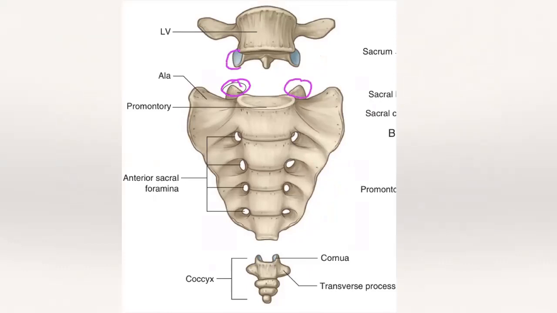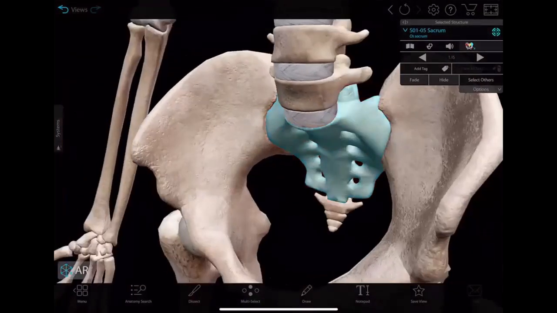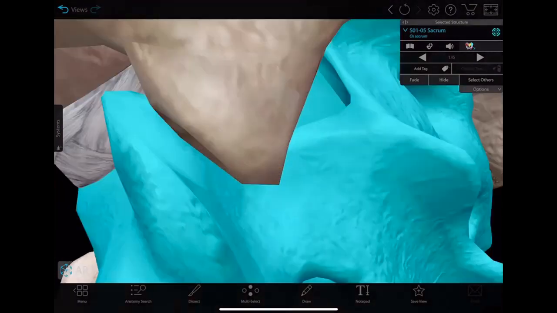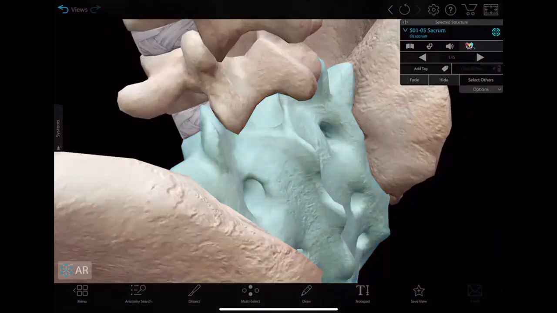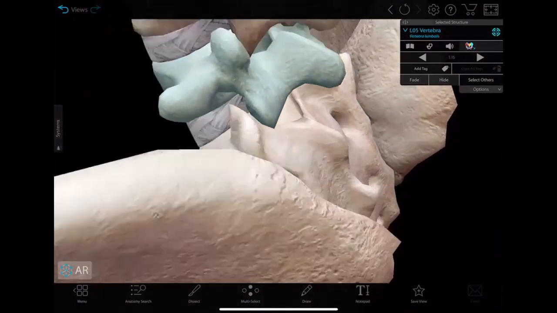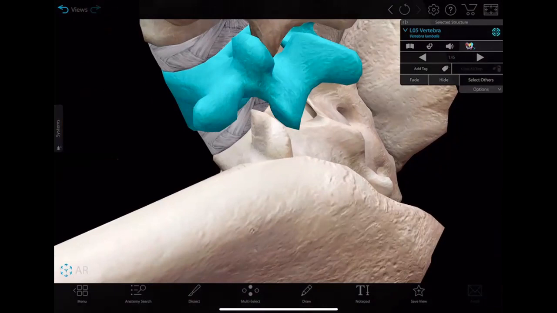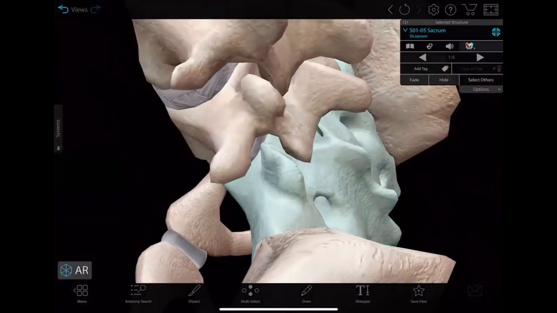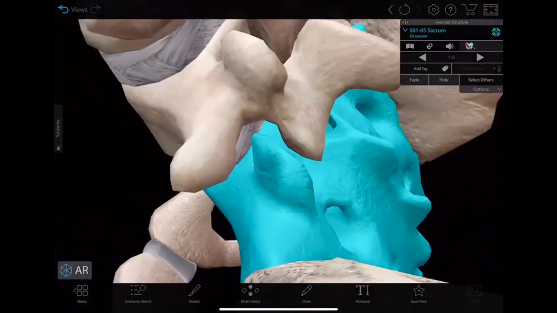They articulate with the inferior articular facets of the L5 vertebra, right? You see how the superior articular facet is articulating with the inferior articular facet of the L5 vertebra, right? Two superior articular facets articulating with the L5 vertebra.